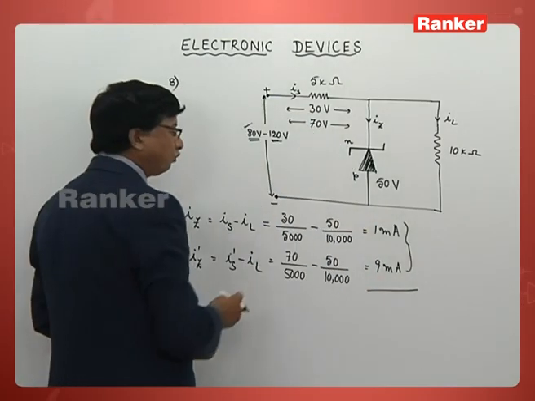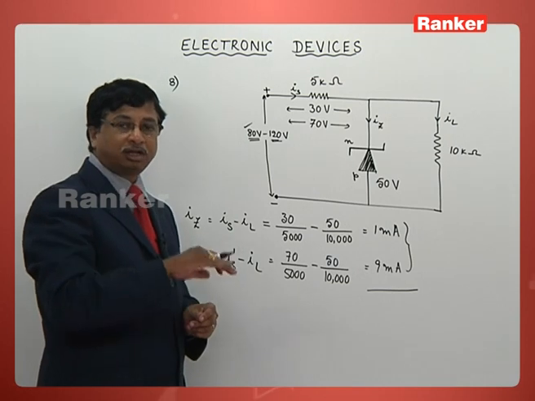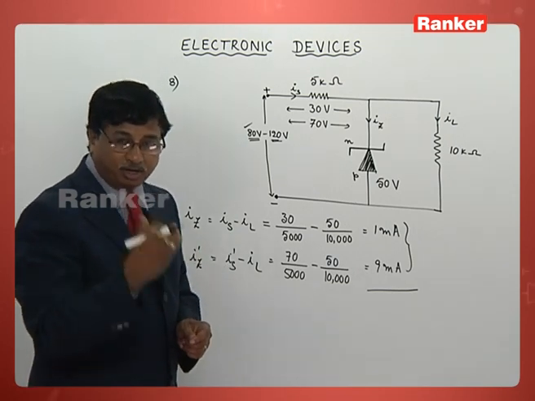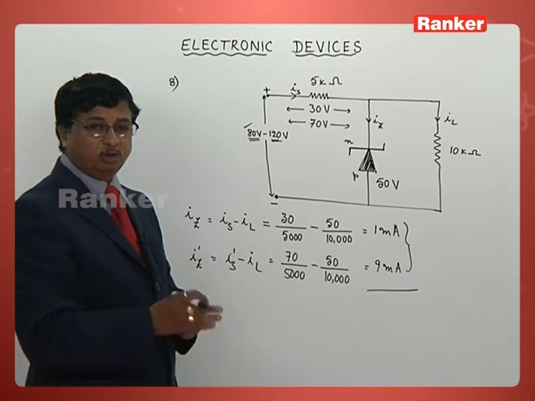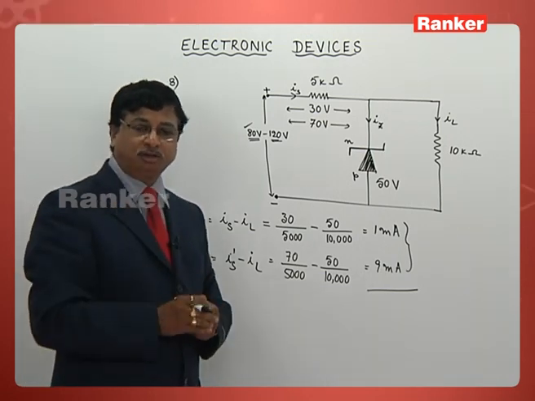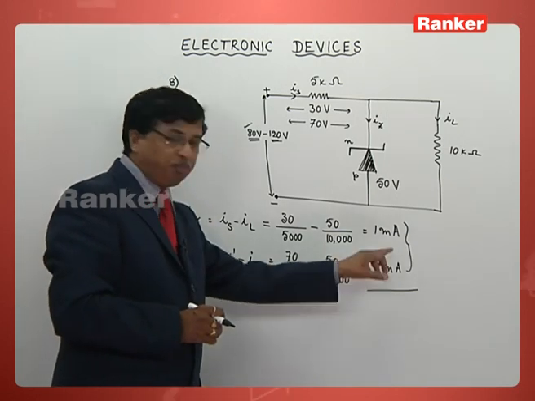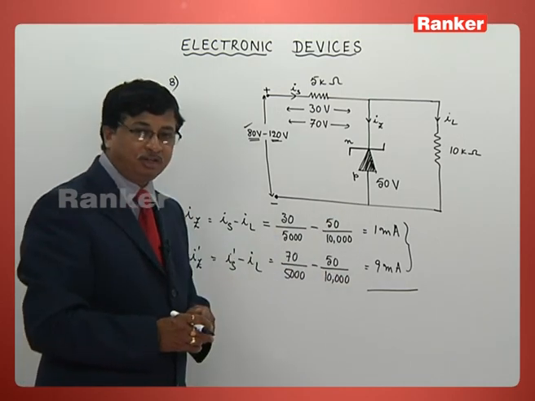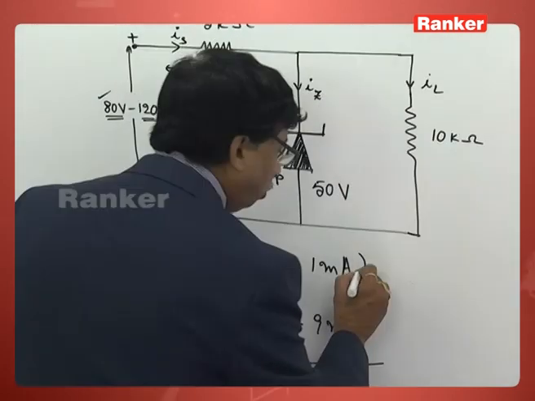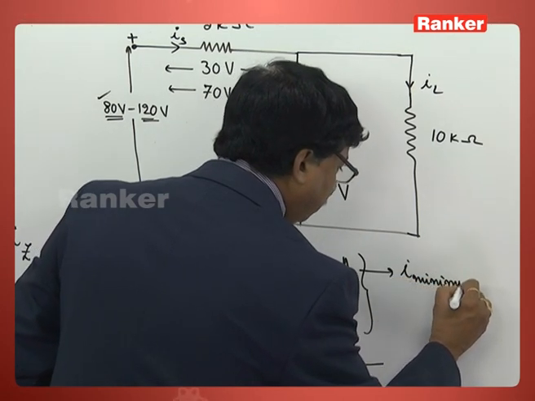Look at these two values, 1 milliampere and 9 milliampere are the corresponding values of currents what he is talking about. If you look at the values given in the options, third option you look at that one, 9 milliampere and 1 milliampere, maximum and minimum currents he is asking. This is now to be called I minimum for us, right?